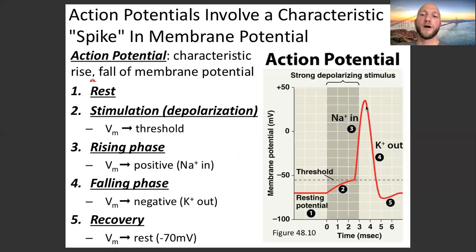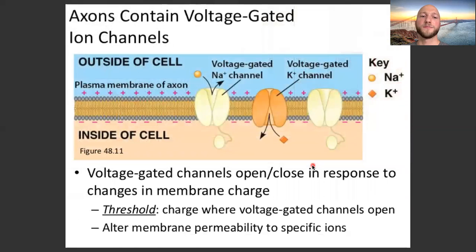Then we have the falling phase, where those sodium channels close, and potassium rushes out of the cell. Remember, you're removing positive charges, so it makes the cell more negative. So we're going to drop that potential back down beyond -70 resting, and then we're at the recovery phase right here, where everything goes back to its equilibrium resting potential.